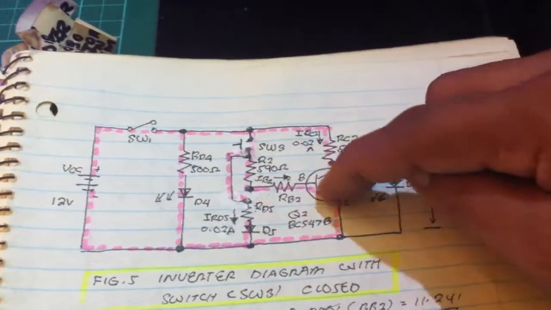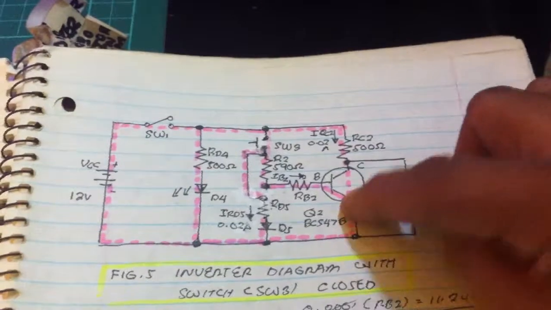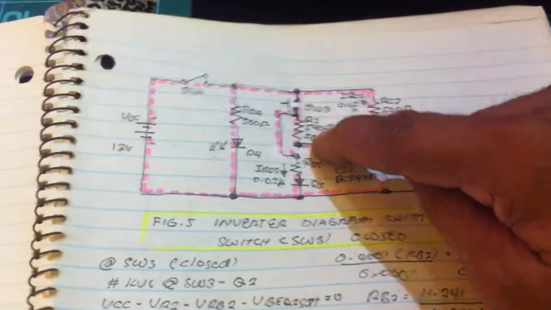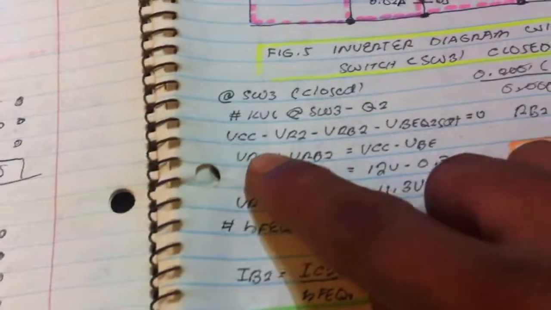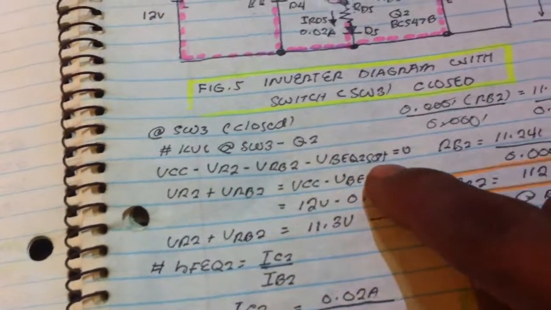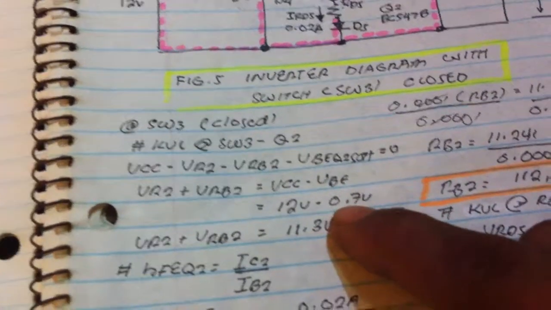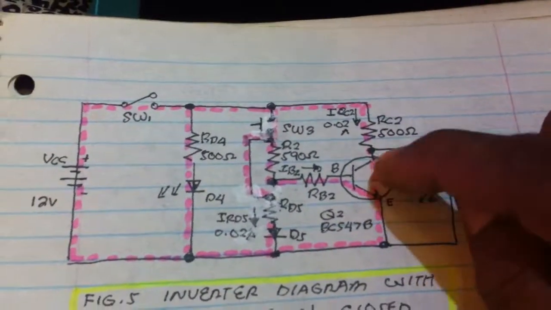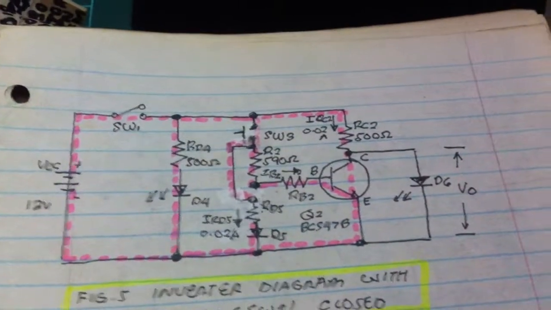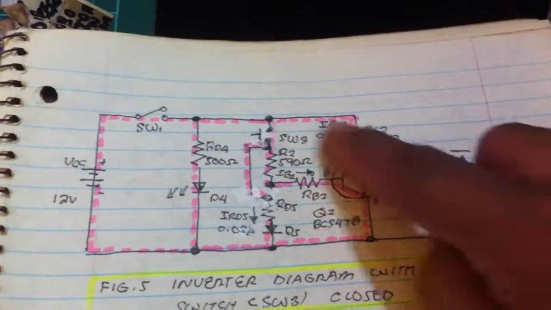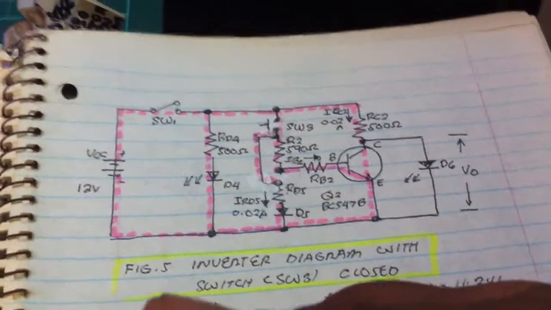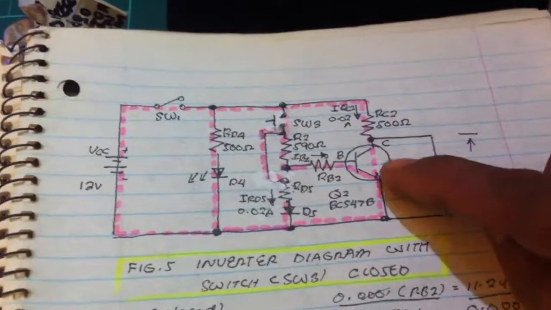We have KVL here at the base and at the collector. Transistor in saturation. First KVL here at the base: voltage drop across R2, RB2, and VBE is set. Then we have this equation. We can compute for IB, which is dependent on the transistor current gain, hFE.